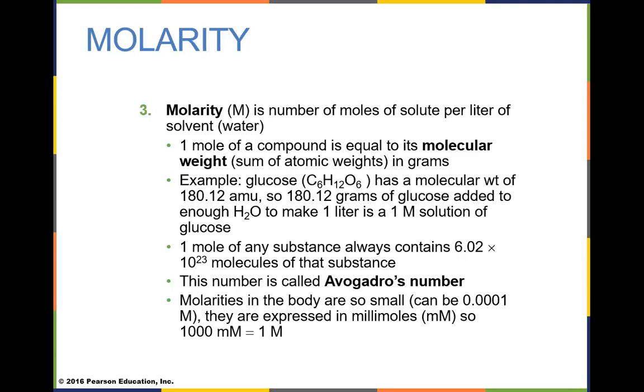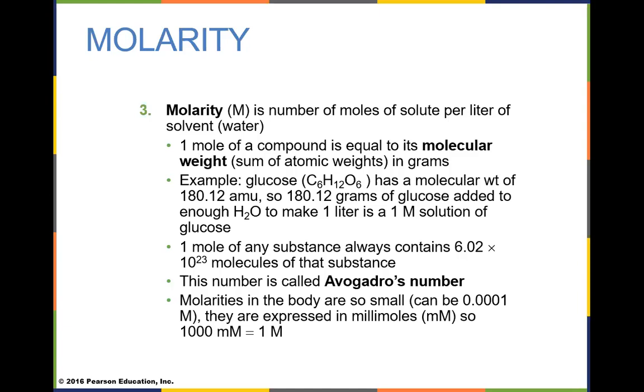But a mole, and this is what's really unusual, a mole of any substance, glucose or sucrose or salt or anything, has the exact same number of molecules in that mole. A mole of sugar, glucose or sucrose, or a mole of salt will always have 6 times 10 to the 23rd molecules.